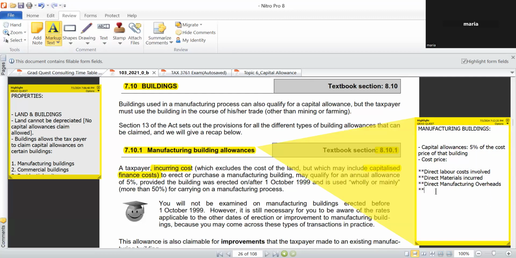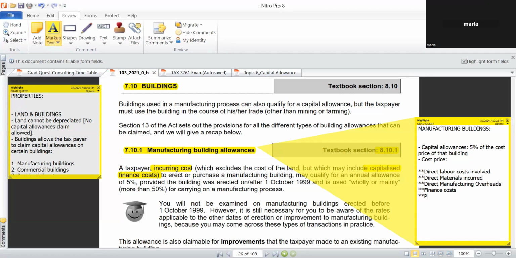So for instance, if the property has been acquired by means of a loan, it means that there will be finance costs that you will be incurring. Those finance costs would form part and parcel of the cost price of that particular asset. Or sometimes they can just give you the direct purchase price. These are just pointers without any order of arrangement.